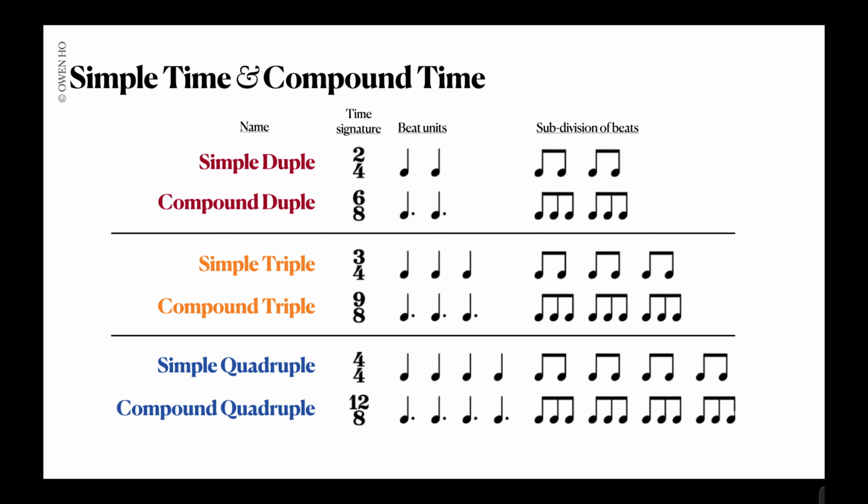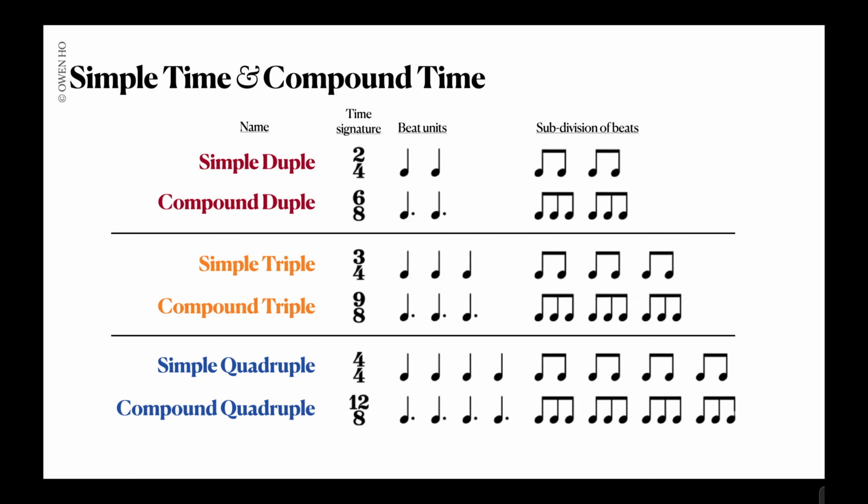Simple triple, we have a 3. Compound triple, we have a 9. Simple quadruple, we have a 4. And compound quadruple, we have a 12. And the main logic behind them is all about how we subdivide the beats. In simple time, we always divide the beats evenly by 2, whereas in compound time we always divide the beats by 3.